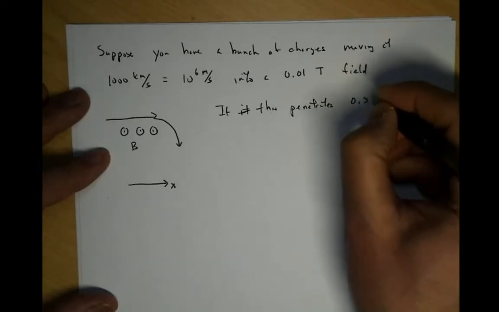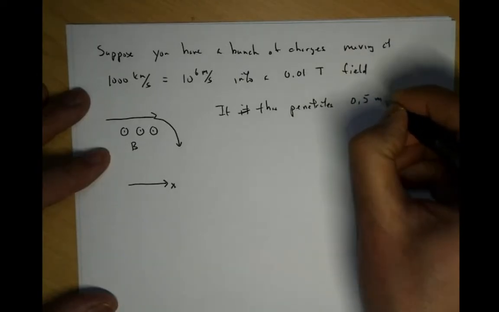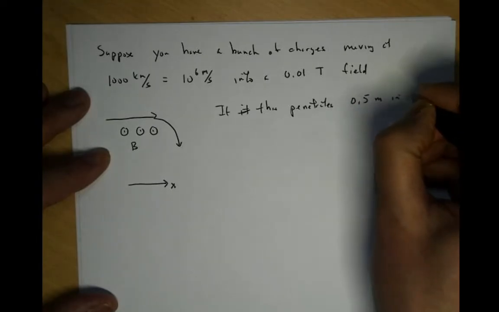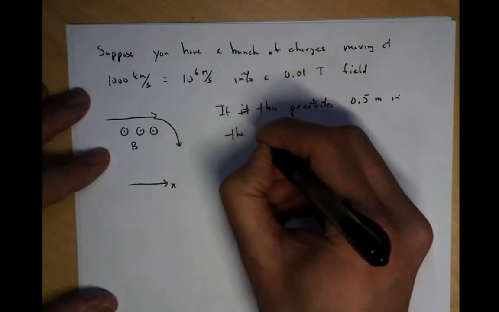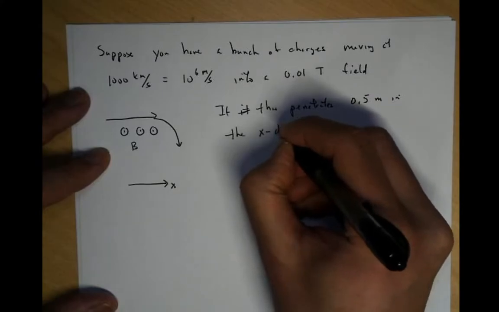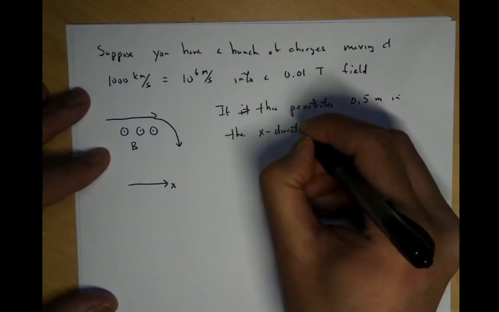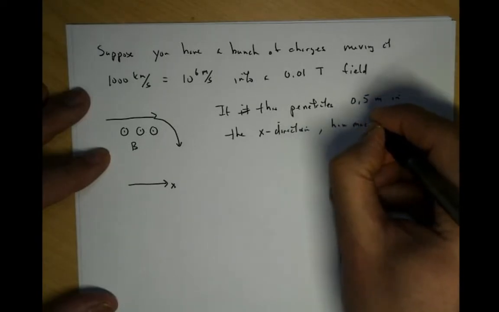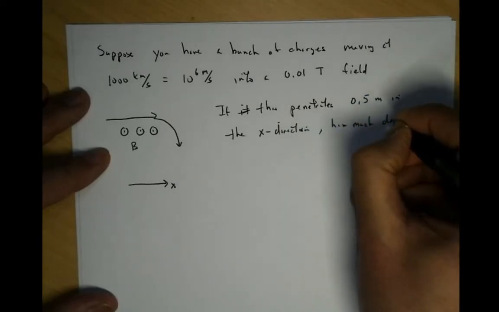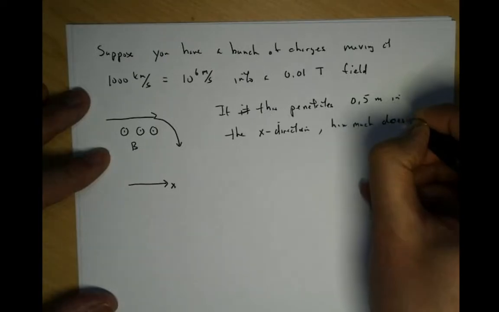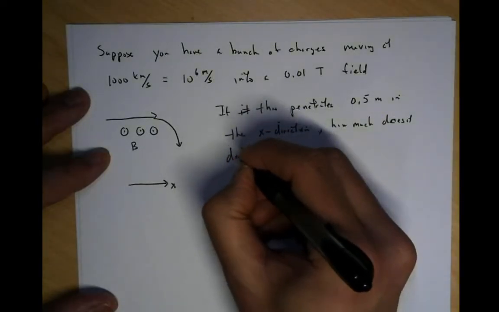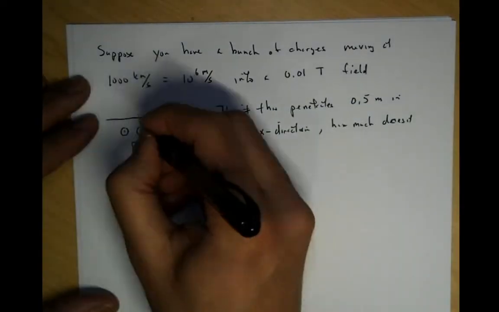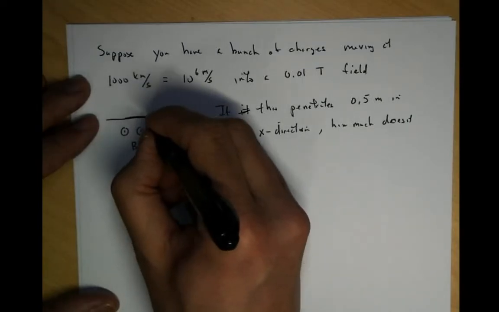I want to write 0.5 meters in the X direction. How much does it drop? Okay, so you can imagine basically how to do this problem here.